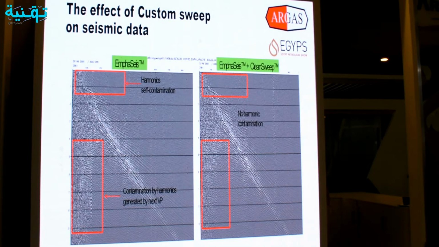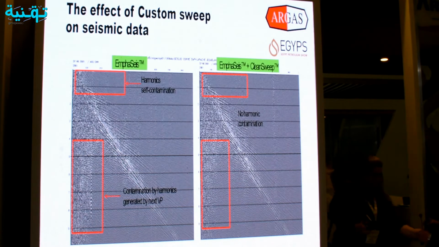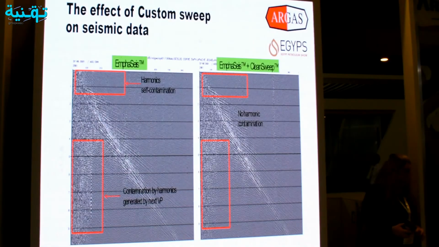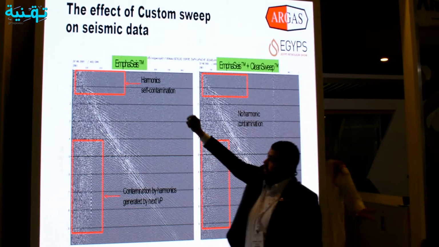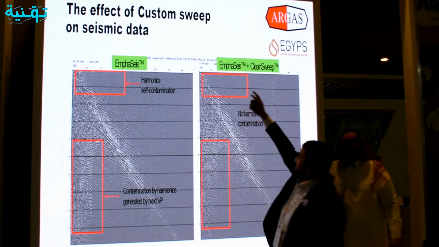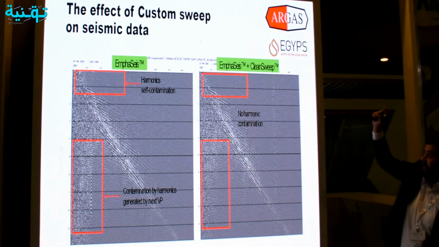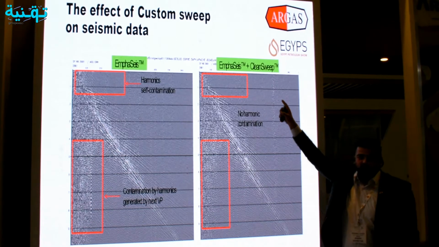The effect of clean sweep on seismic data. This is one shot point using the broadband sweep, and this is the same shot point using the broadband sweep with our clean sweep.